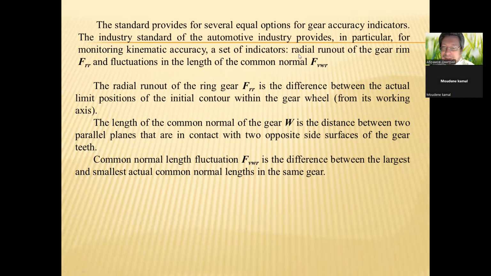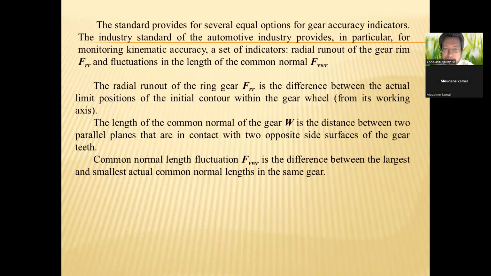This set consists of radial runout of the gear rim and fluctuations in the length of the common normal. The radial runout of the ring gear, F suffix RR, is the difference between the actual limit positions of the initial contour within the gear wheel from its working axis.